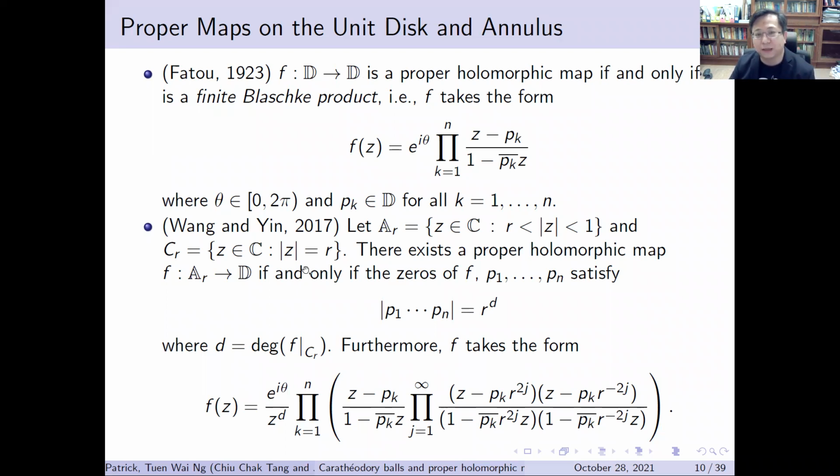They proved that there exists a holomorphic proper map from the annulus to the disk if and only if the zeros of f satisfy this condition here.